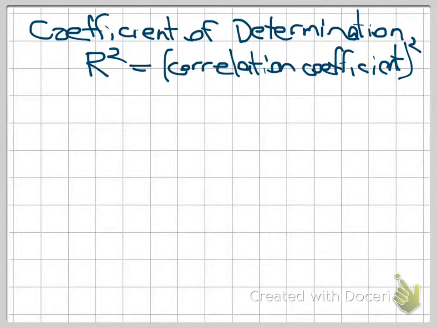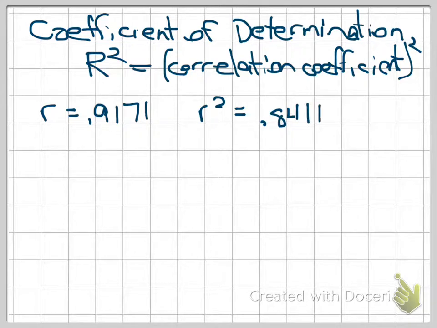If we know our correlation coefficient, we can find our coefficient of determination. So if R equals 0.9171, then R squared is really easy to find, right? We're just going to use our calculator and square it. And we're going to find that R squared is equal to 0.8411, rounding to 4 decimal places.